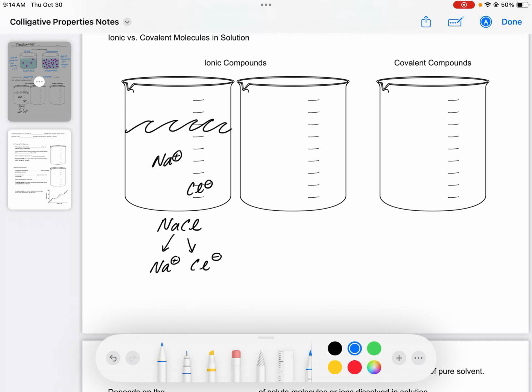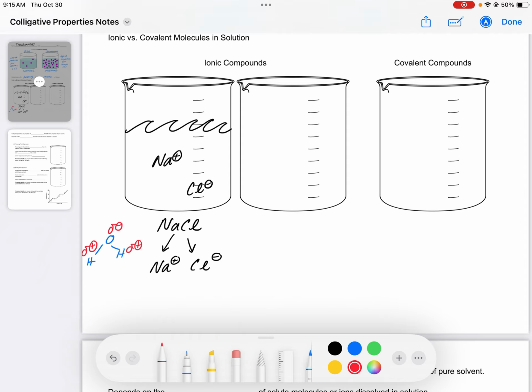This is a solution of water, and we talked about this when talking about how molecules dissolve. But what's going to happen is the water molecules are beginning to surround the ions. The ions have charges. The water molecules are polar and have partial charges, and so there's going to be attraction there. In a water molecule, the oxygens are partially negative and the hydrogens are partially positive.